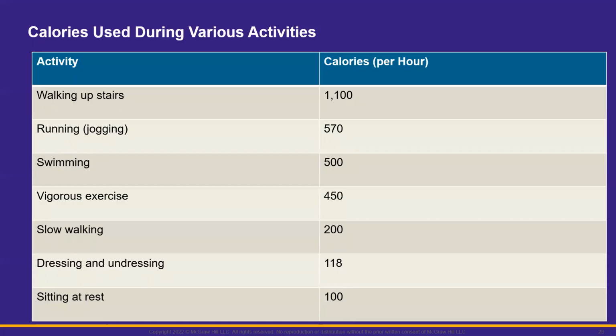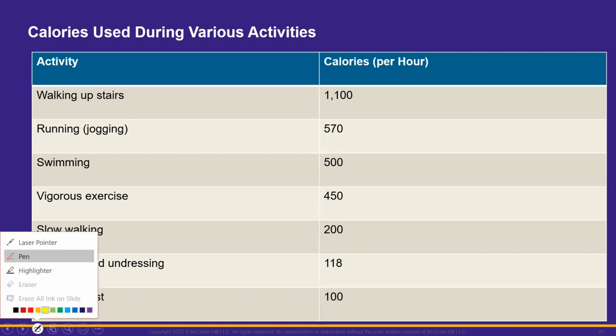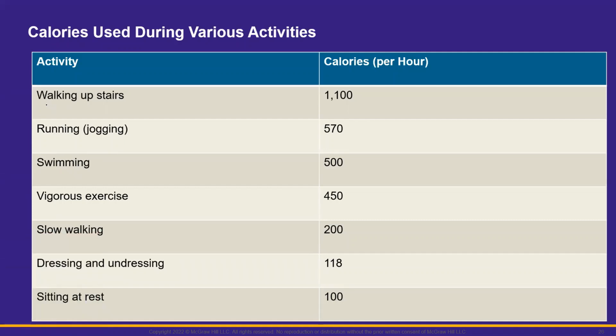This table shows the calories used during various activities. For example, walking upstairs takes about 1100 calories per hour. Running or jogging is about 570 calories per hour.